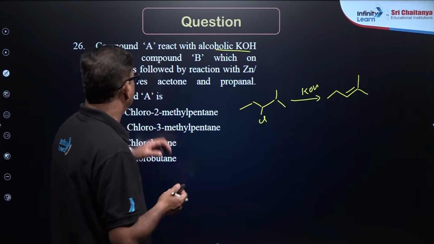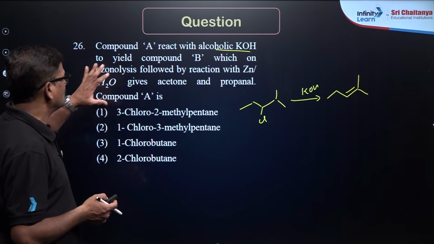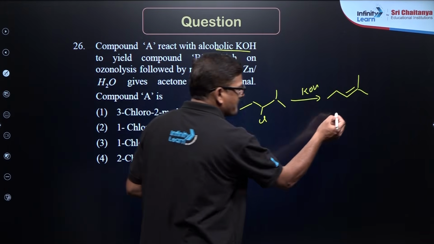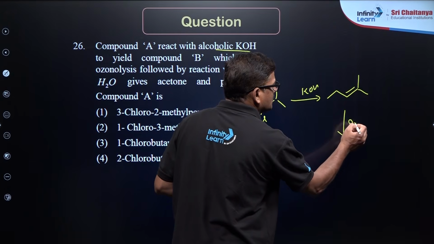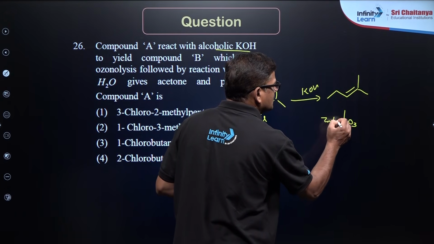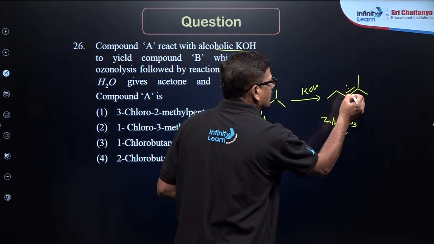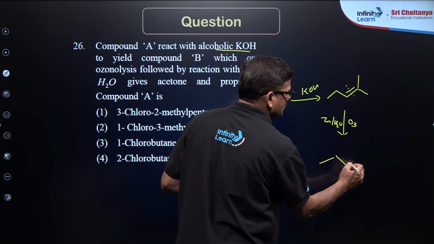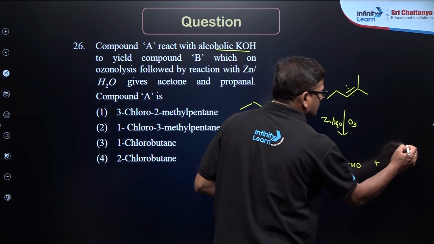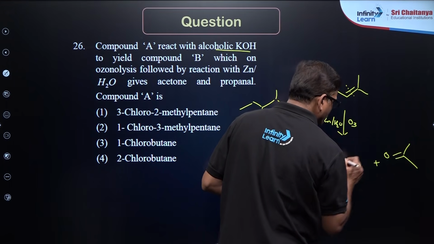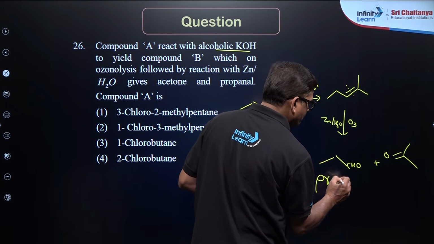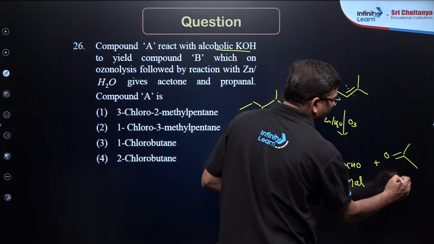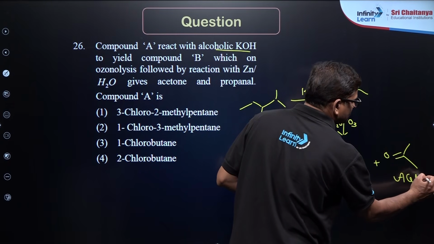So now this is subjected to ozonolysis followed by reduction. So O3, zinc hydrolysis. You are going to see the formation of CHO, and you are going to see the formation of acetone, propanal, and it is going to be acetone or propanone.